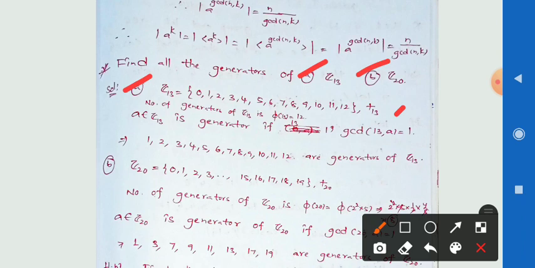Now we have to show that an element A belonging to Z13 is a generator if the condition GCD of 13 comma A is equal to 1 is satisfied.